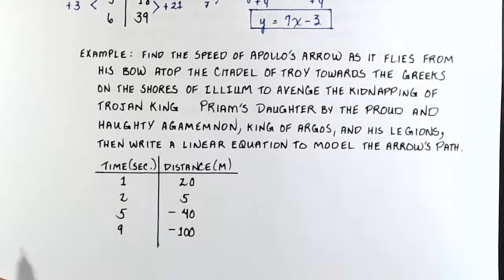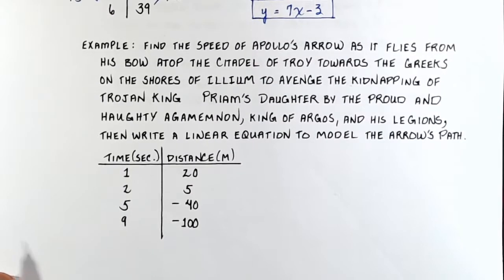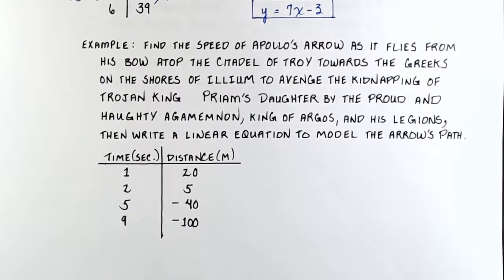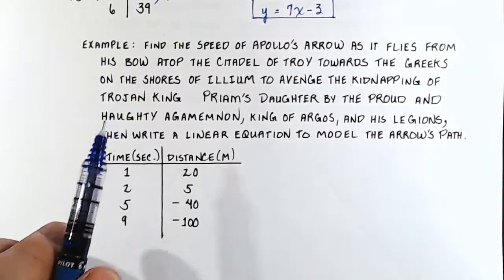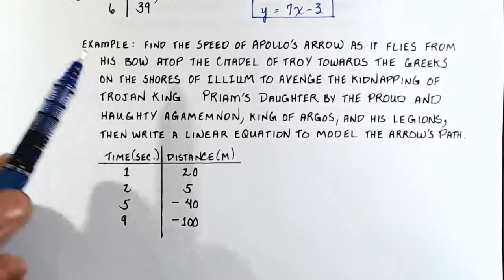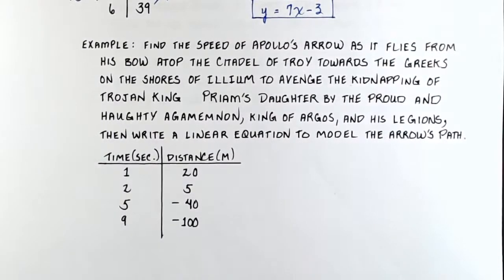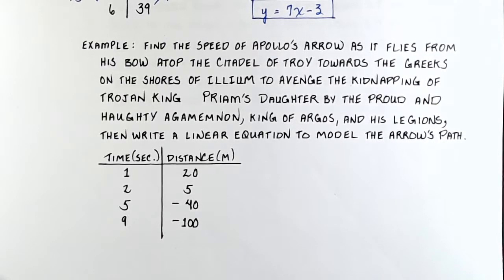Okay, so I've got a fun problem here. Many people are interested in mythology. This comes from Greek mythology, from Homer's Iliad. This is one of the stories about the Trojan War, the main story. In the story, the king of Troy has a daughter, and the king of Argos from Greece, his name is Agamemnon, takes the daughter, okay?